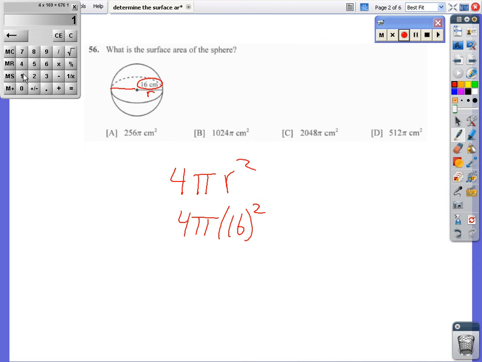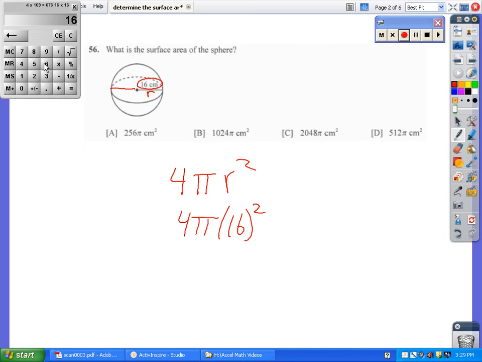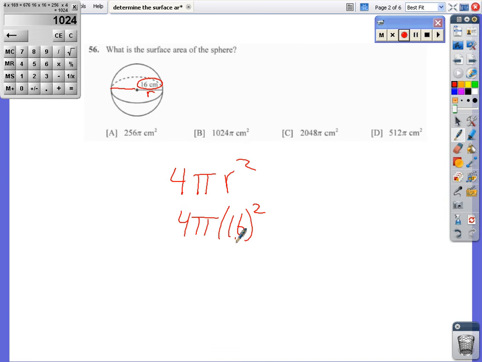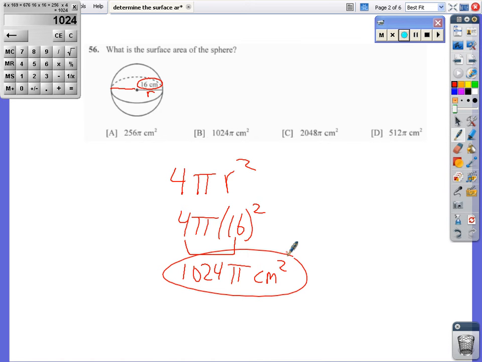And 16 times 16, or 16 squared, is 256. And then times the 4 that was out front, so 256 times 4, 1,024 pi. We're back to centimeters. Centimeters squared. There's our answer: 1,024 pi centimeters squared. Okay.